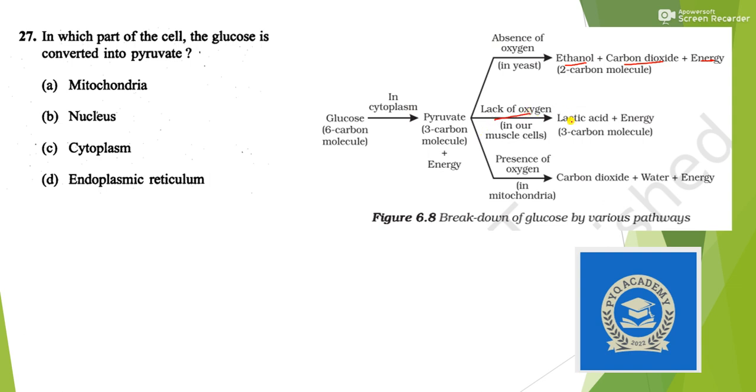In lack of oxygen, it is converted into lactic acid, energy, and in presence of oxygen, it is converted into carbon dioxide, water, energy. The question was, in which part of the cell? So here you can see the answer is cytoplasm. So it is converted in cytoplasm, option C.